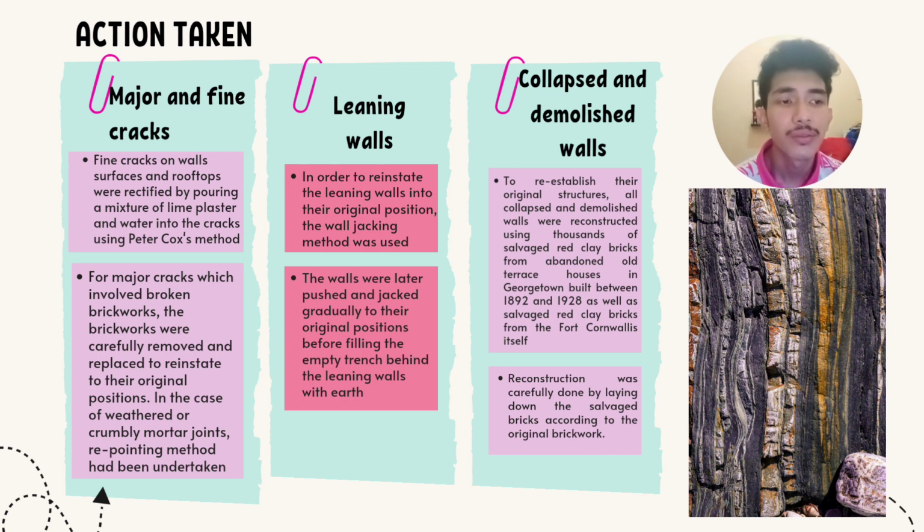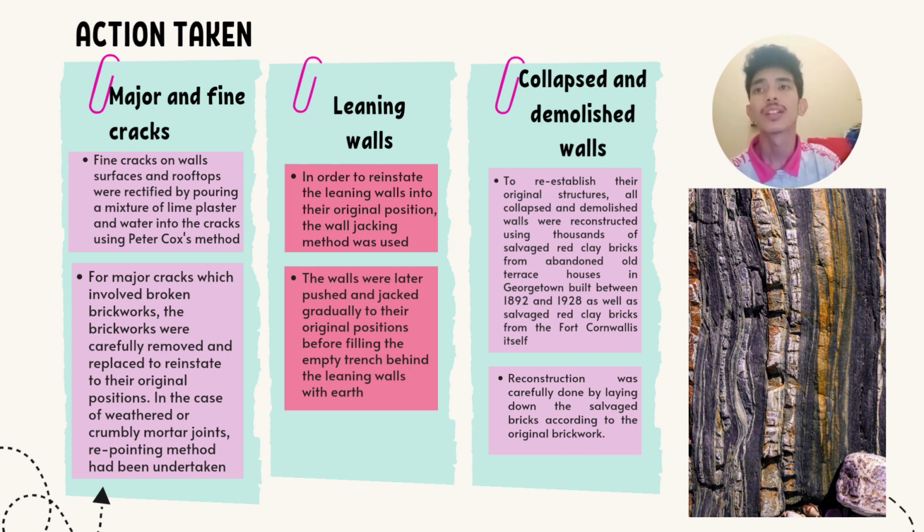Once the walls were reinstated to their original position anew, weep holes were fixed at the lower level of the wall for the purpose of reducing internal water pressure.